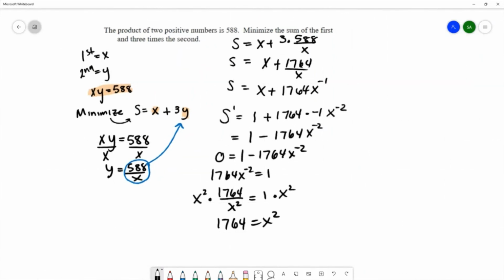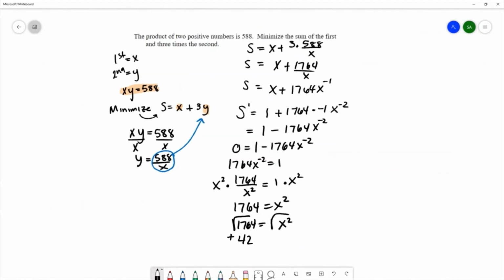I'll square root both sides. The square root of 1,764 is 42.